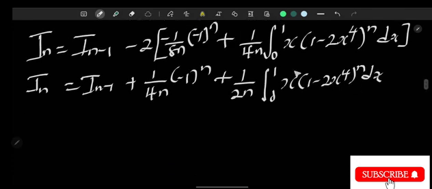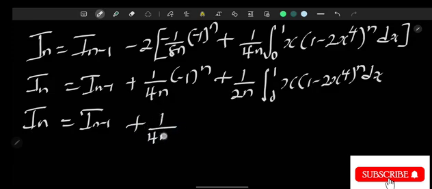So for that reason, you change what you have here to be in. This is in, then in minus 1 plus 1 over 4n minus 1 raised to the power of n plus 1 over 2n. Is that going to be plus or minus? That should be minus, because by the time you use minus 2 to expand the bracket, that becomes negative there.